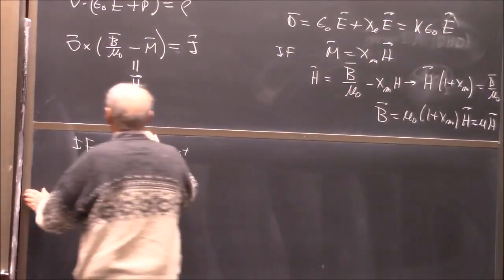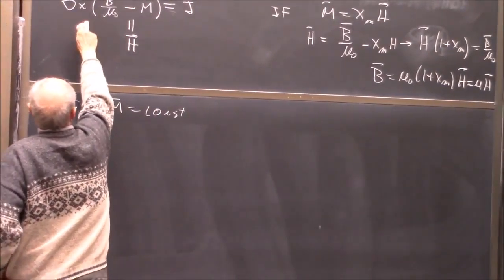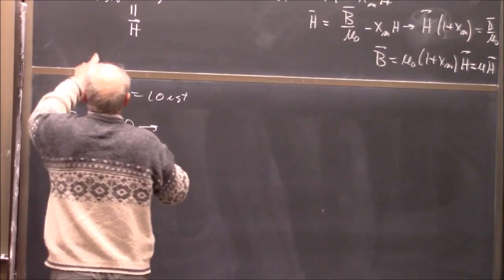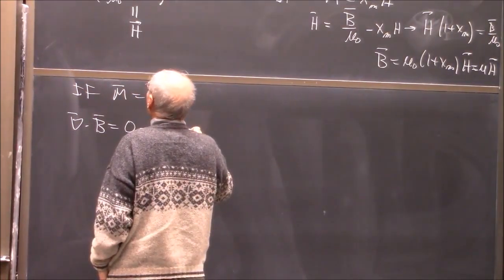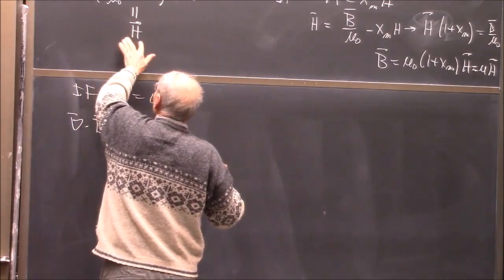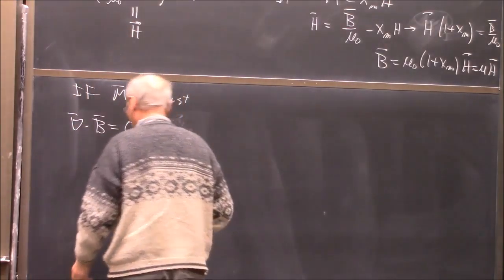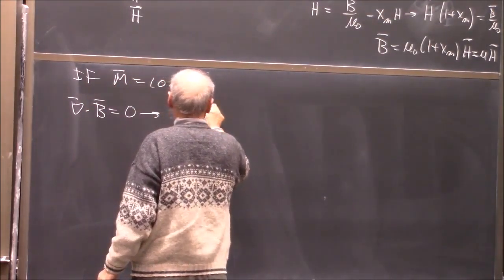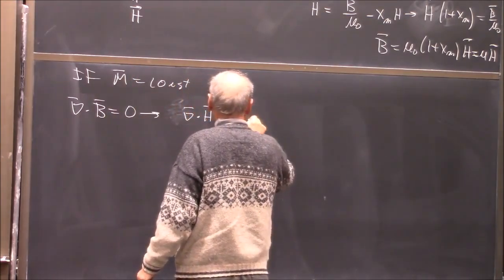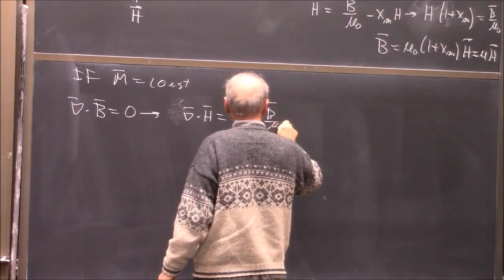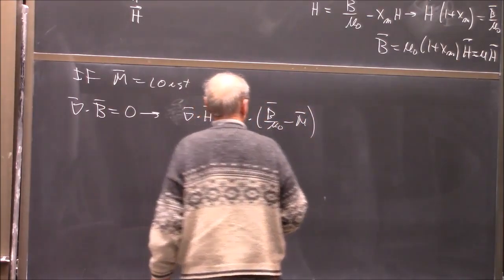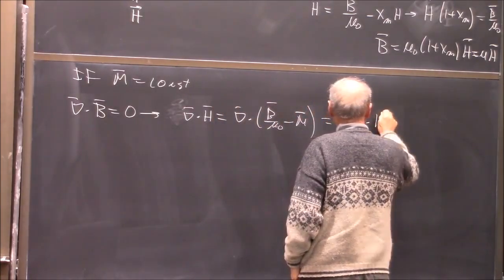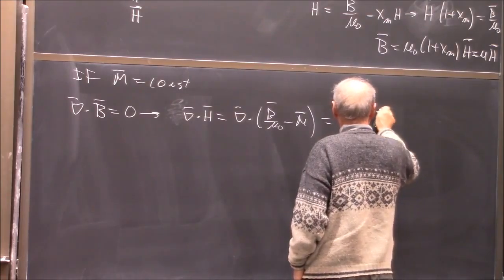Then what happened was, from our equation, the divergence of B equals 0 led to, since this is H, the divergence of H was equal to the divergence of B over mu 0 minus M. But the divergence of B is equal to 0, so this was simply minus the divergence of M.